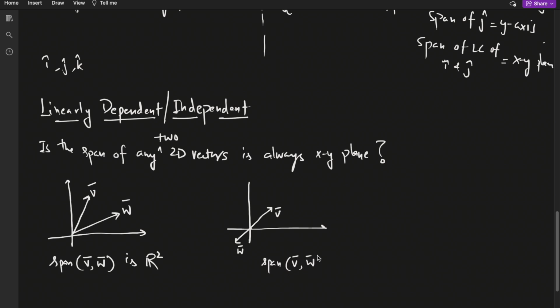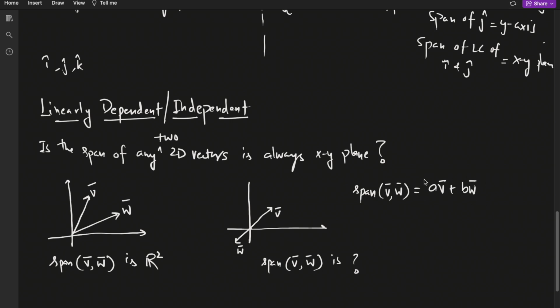Is it R2? This is the question. The definition of span is nothing but the linear combination of these two vectors, right? So the span of V and W is the linear combination aV plus bW.